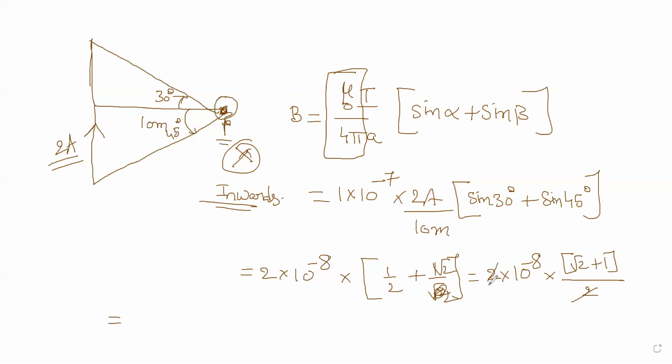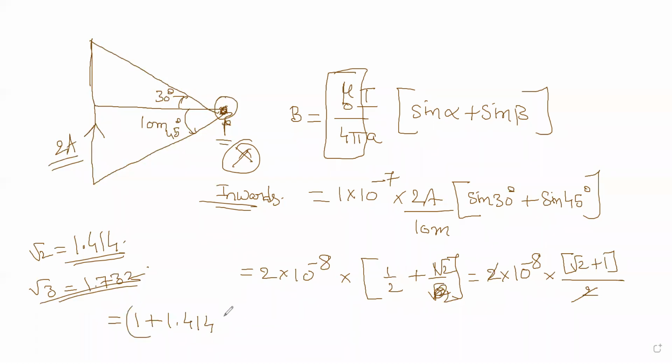Root 2 value is 1.414, so I get 1 plus 1.414. Some of these things you have to remember, and the root 3 value is 1.732. Sometimes we have to use these values in order to get the answer perfectly. It's not a very perfect answer, but still we'll tell what is given as per the options.